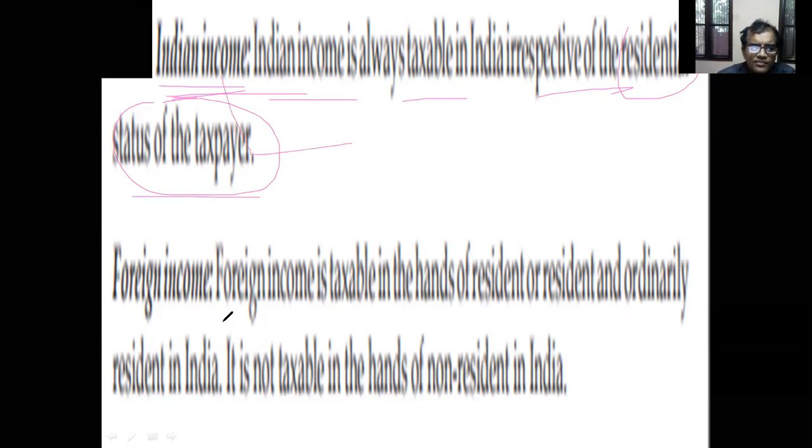Now foreign income is taxable in the hands of a resident and ordinarily resident in India. This holds good for an individual, but for companies we simply say domestic company; we are not categorizing further.